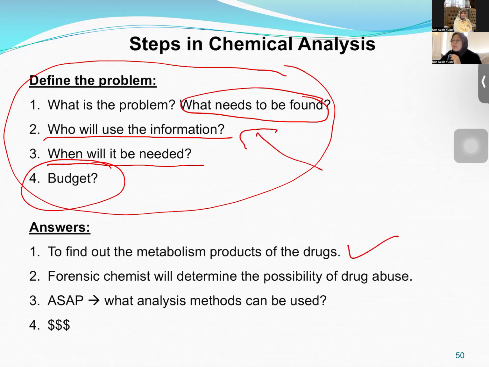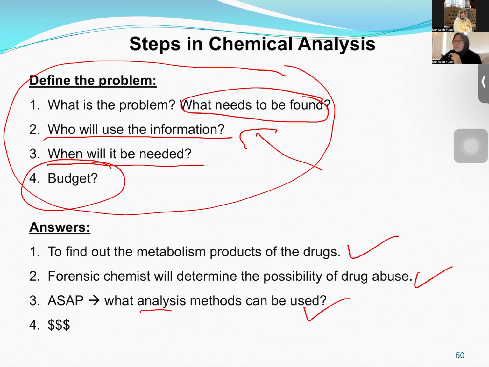You want to find out the metabolism products of the drugs. This is the one that you wish to submit, the forensic chemist. You are just the investigating chemist, because it is a high profile case and you need to submit the results ASAP, as soon as possible.